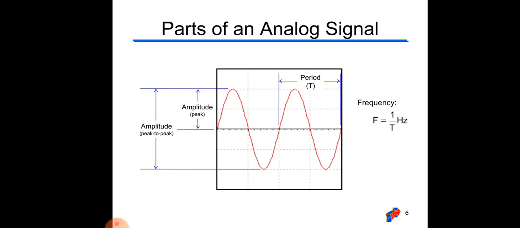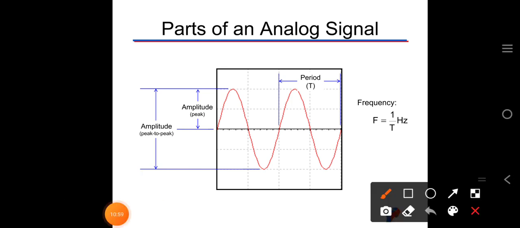Now we will see the parts of an analog signal. Here in this diagram we have shown a sine wave which has the amplitude peak to peak. Here from the diagram you can see this is the amplitude from peak to peak, and this is the amplitude for peak. Means for a positive half cycle we can say the amplitude is A. For the negative half of the sine wave you can see the negative amplitude.